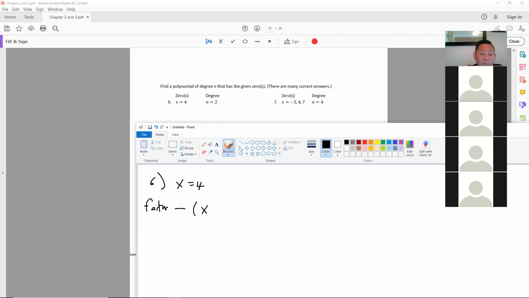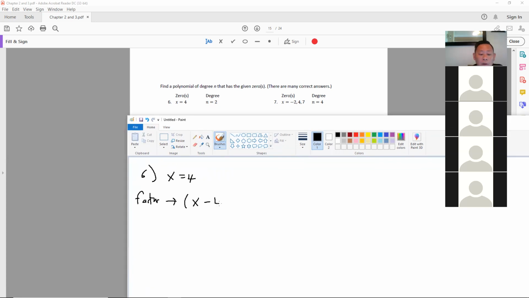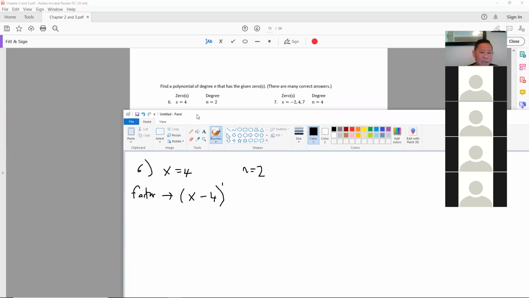So what is the factor form in this case? X minus 4. Now, if you look at this one, it only has power 1, right? But the degree is 1. But this question wants us to have a degree of 2. So if I just give you one 0, how can you write this in 2 powers, degree of 2?